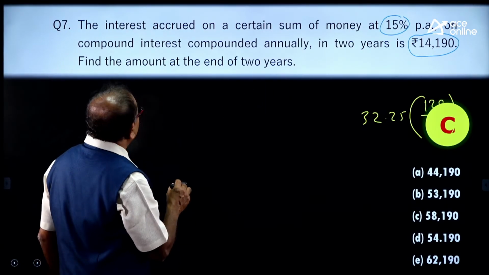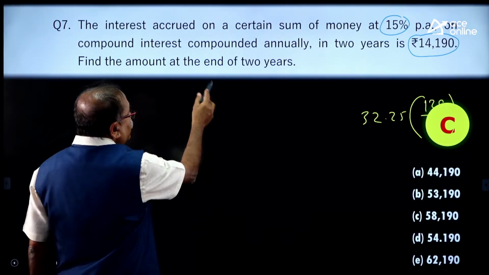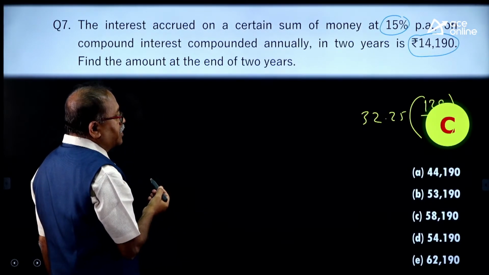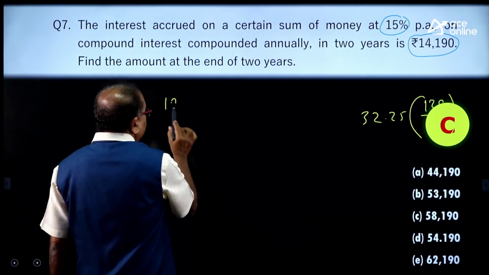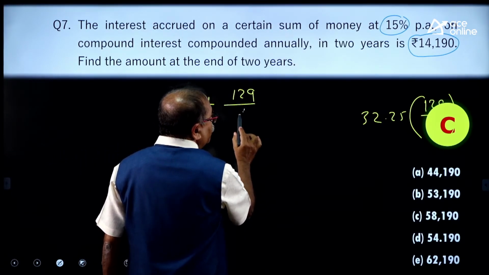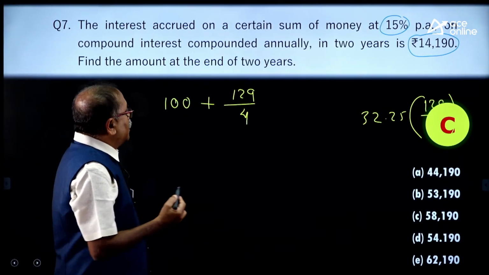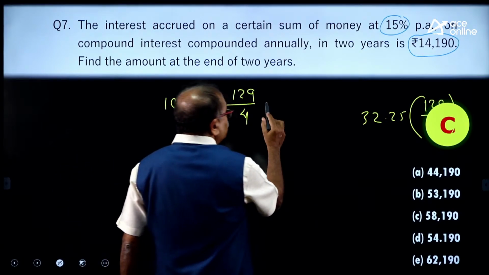Now, I need to find out the amount at the end of the year. Can I find out the amount at the end of the year? The 100% is principal plus 12/9 by 4 is your interest. The total will be 52/9 by 4%, which is the amount.